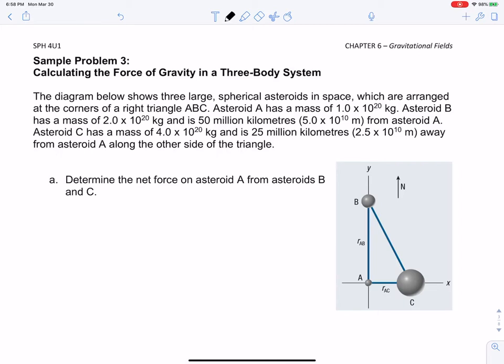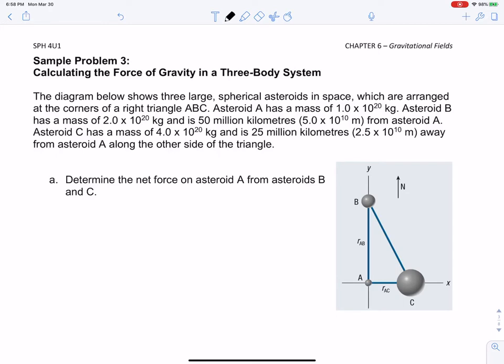Asteroid C has a mass of 4 times 10 to the power of 20 kilograms and is 25 million kilometers, 2.5 times 10 to the power of 10 meters away from asteroid A along the other side of the triangle.